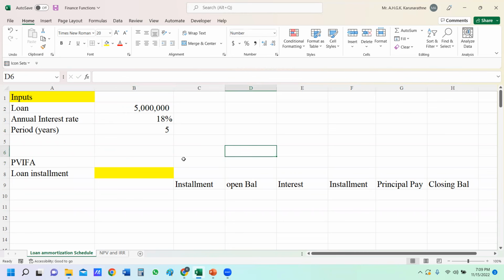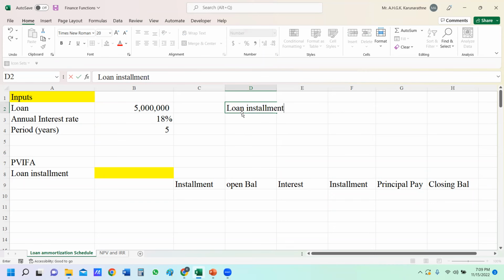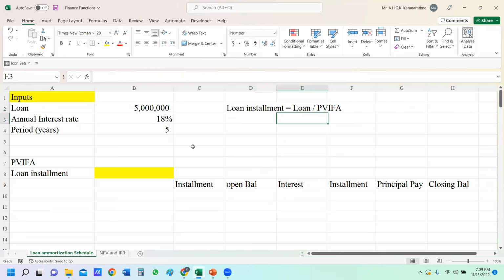You can refer to either a table, use your financial calculator, or use the formula to compute this factor. Loan installment always equals the loan amount divided by the present value interest factor of an annuity that you have studied in financial management.